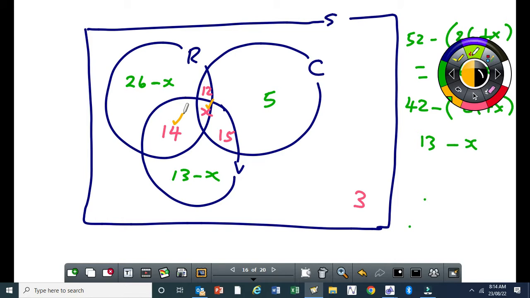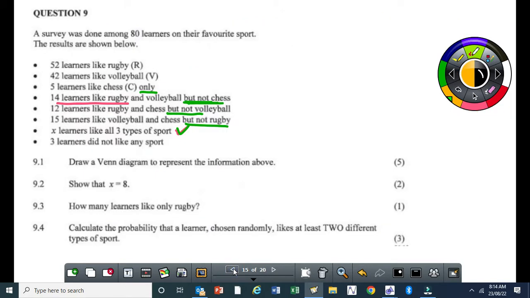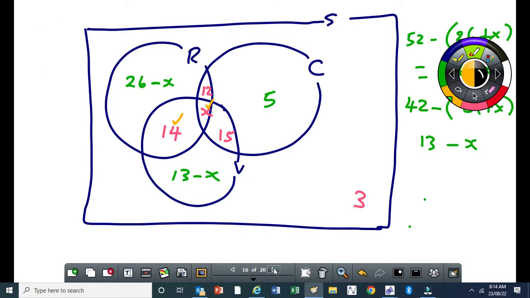Alright? Then we have 12 learners who like rugby and chess, but not volleyball. So those 12 play rugby, but they don't like to play volleyball, but they like chess. So rugby and chess, those 12, we put them there. They don't play volleyball at all.